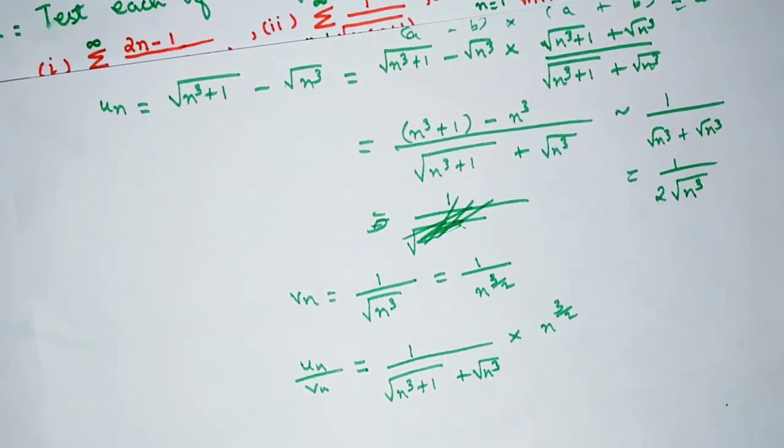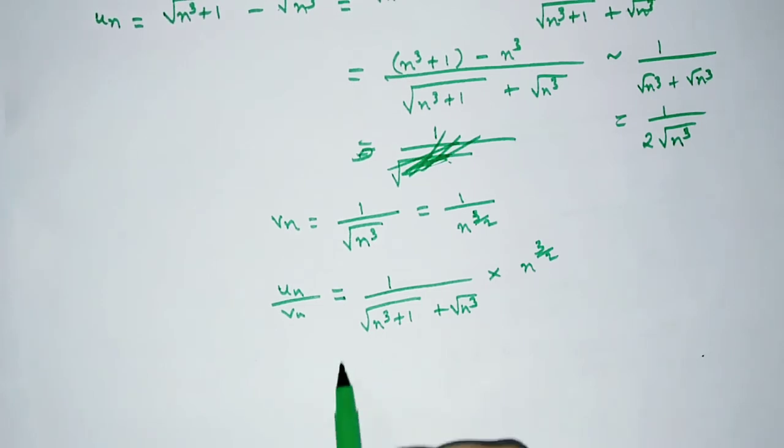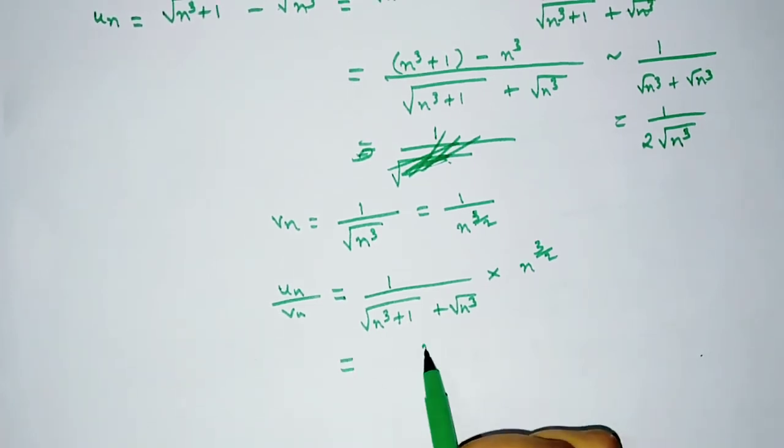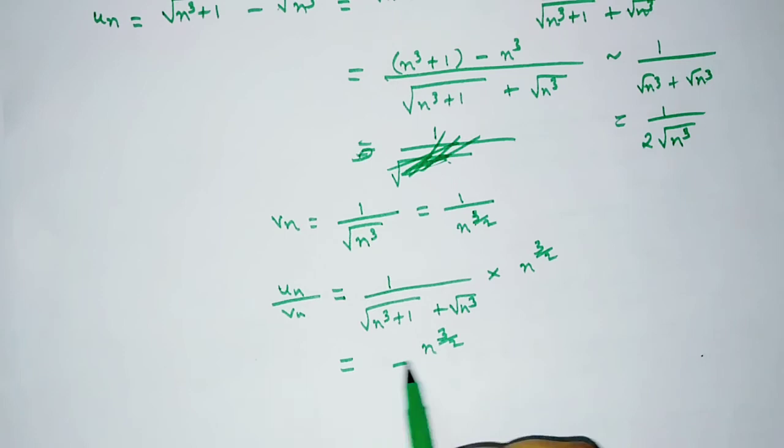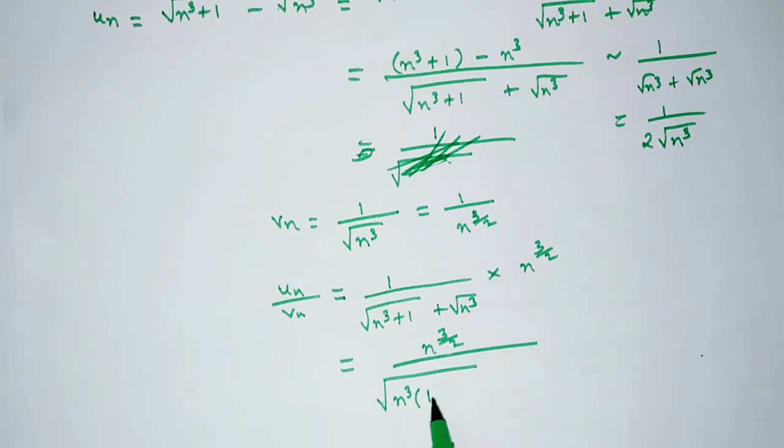So we have n to the power 3 by 2. N to the power 3 by 2. So from here, let's take common by n cube. So we have root over 1 plus 1 by n cube plus root n cube.